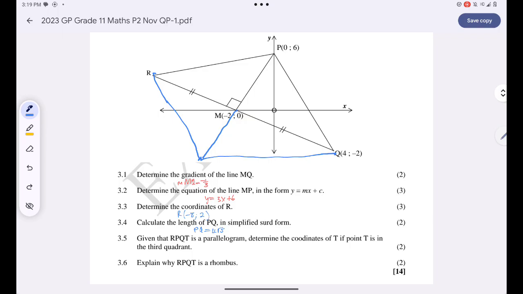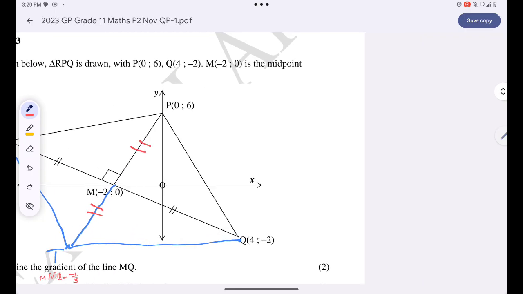The properties of a parallelogram: the diagonals bisect one another. So this simply means that this length is equal to this one. Are you together? So for me to calculate the coordinates of T, that means M is the midpoint of the diagonal TP.